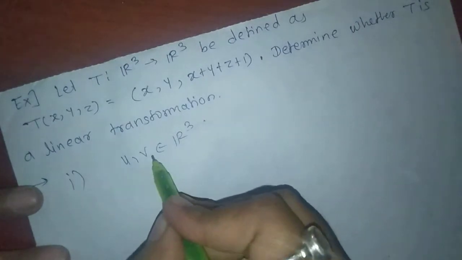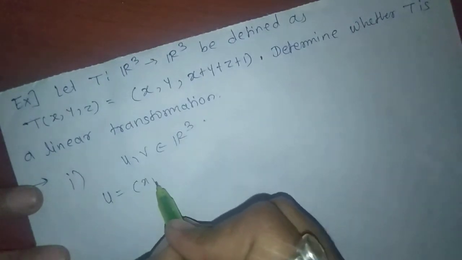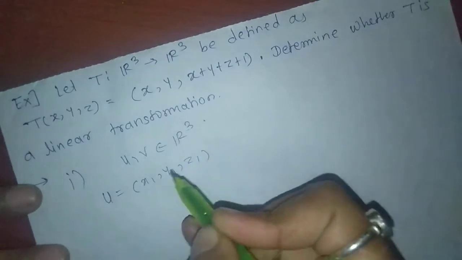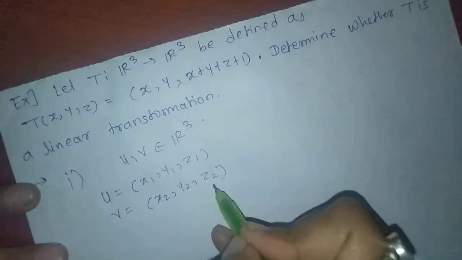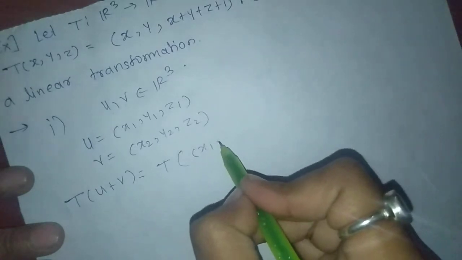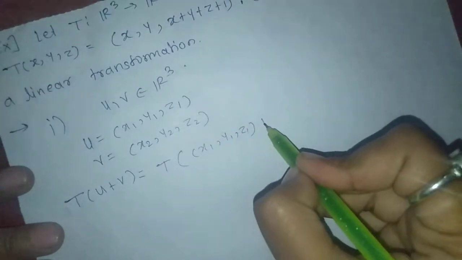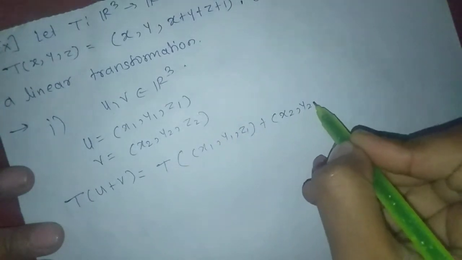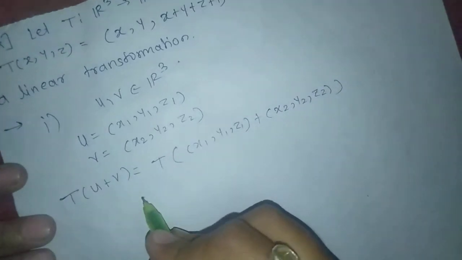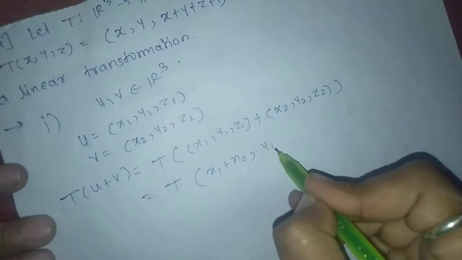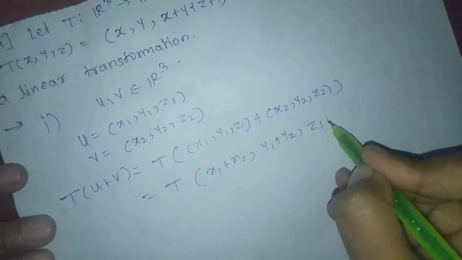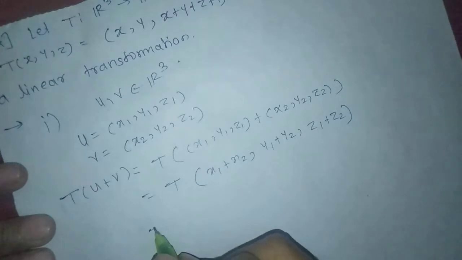Now u, v in the form of u equal to x1 y1 z1 and v equal to x2 y2 z2. So T of u plus v equal to T of x1 y1 z1 plus x2 y2 z2 equal to T of x1 plus x2, y1 plus y2, z1 plus z2.